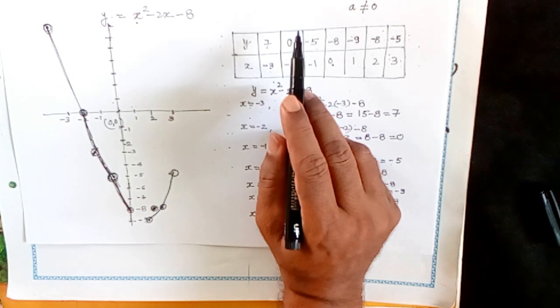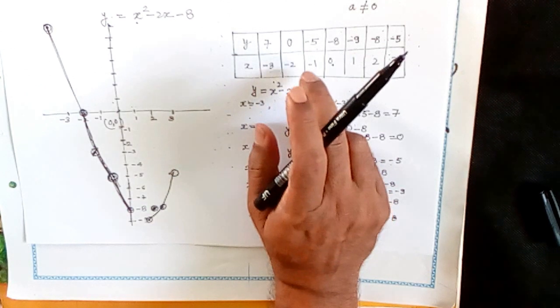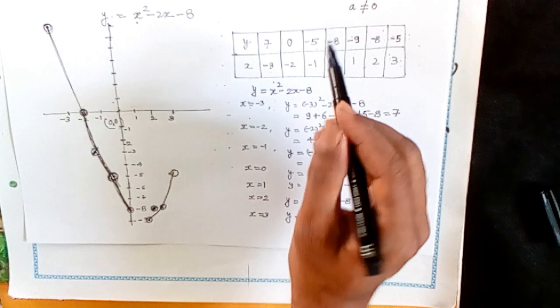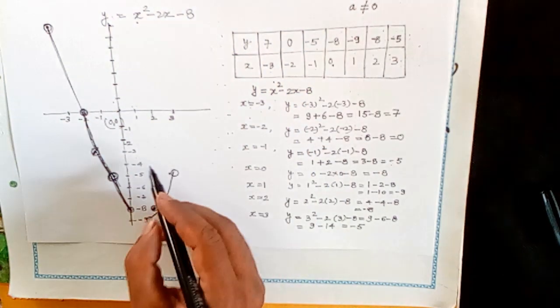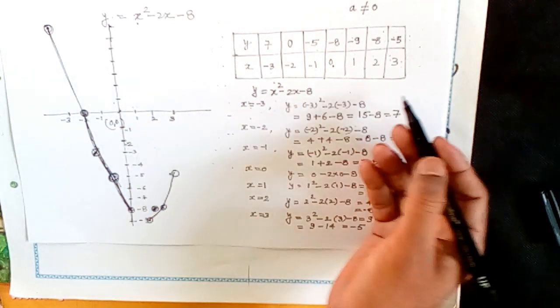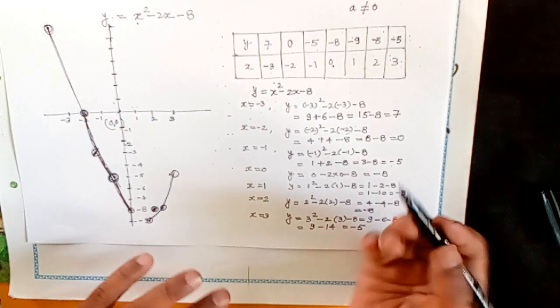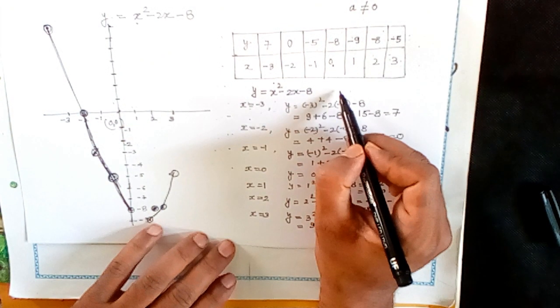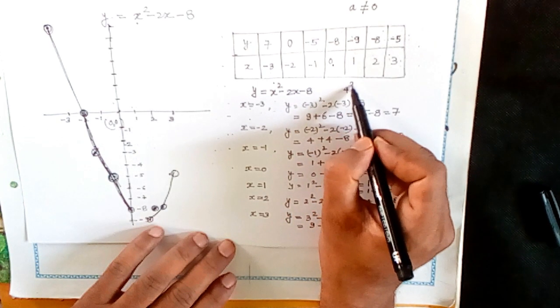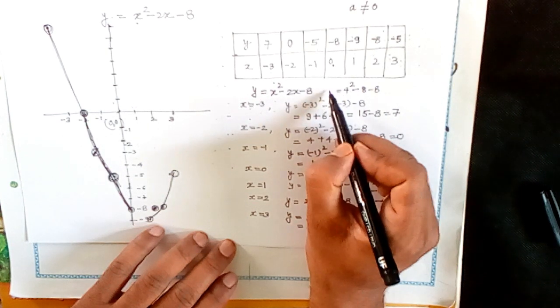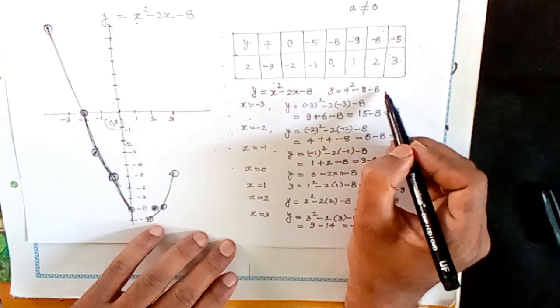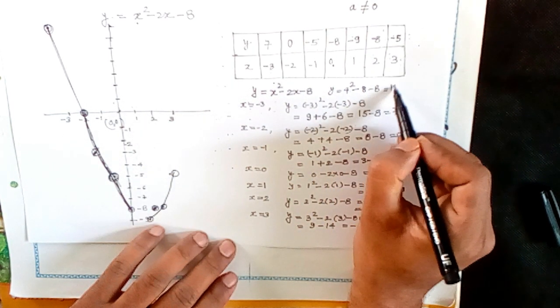Say if we take 4, 4 square minus 8, minus 8, which is this. So it is 16 minus 16, which is going to be 0. Means at 4 it is touching over here.